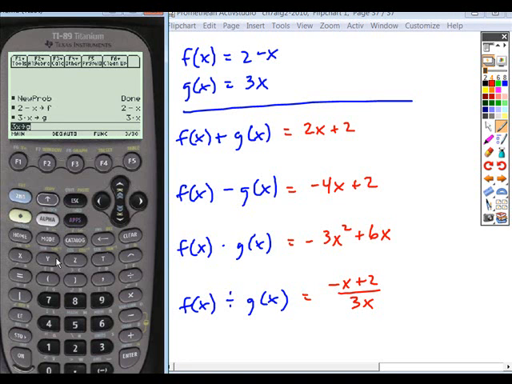And so again now, if I'm taking and combining these, I can type in f plus g.